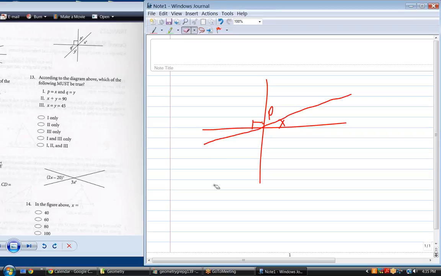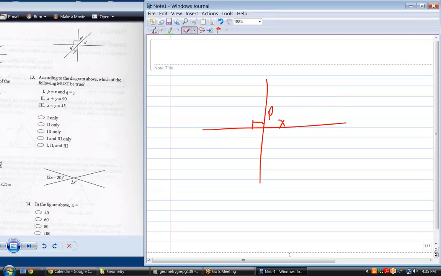No. They don't tell us anywhere that we're looking at 45-degree angles here. They just have a diagram with a line. So number 1 is false. P does not have to be equal to x, as I can demonstrate by drawing the line at a different angle.